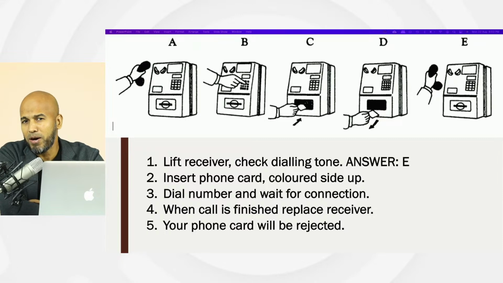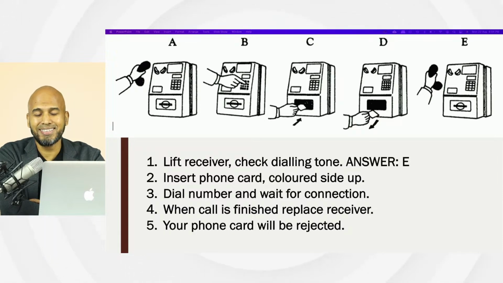So how about statement number 2? Insert phone card colored side up. If I consider the phone card, only C and D in this image show it. C shows insertion; the arrow shows that someone is inserting.